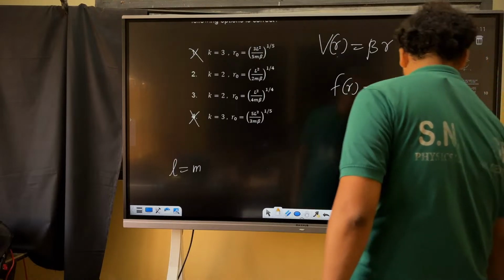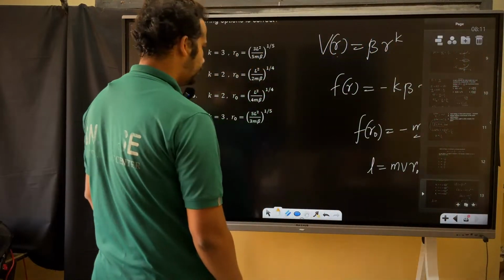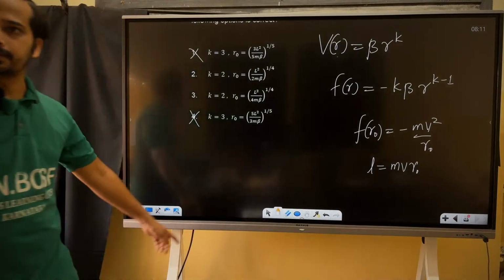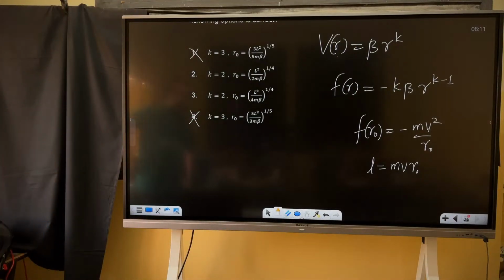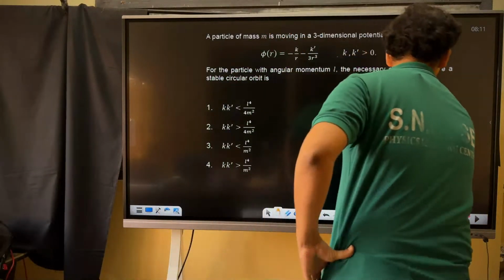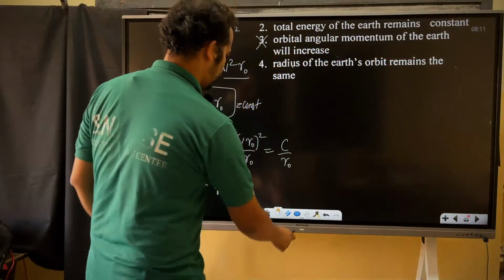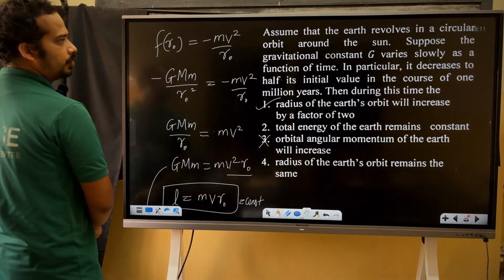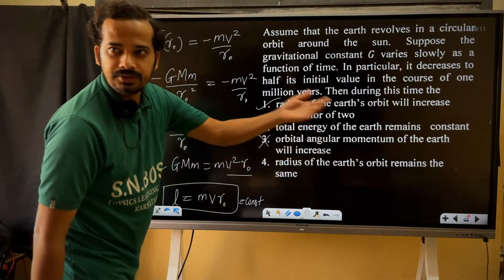Now you guys try that one. I gave enough hint here. So in the last question, did he mention angular momentum conserved in this question? Did he mention anywhere? No, but in one of the options he changed the angular momentum.